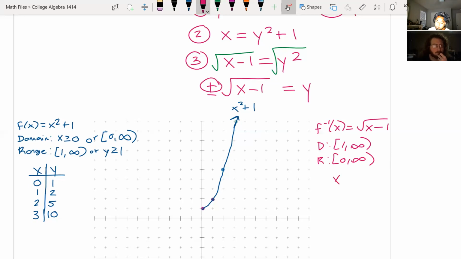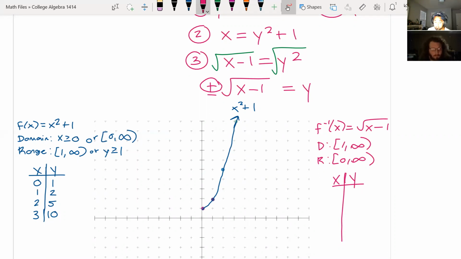Okay. And now for your XY chart, again, do we need to pick new points? Do I need to pick new values?